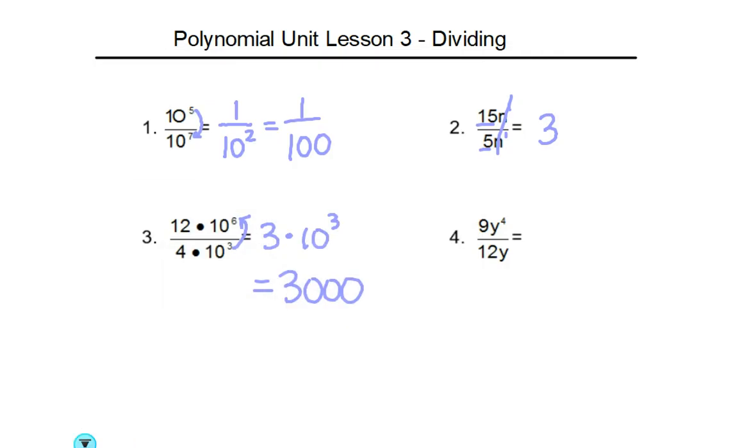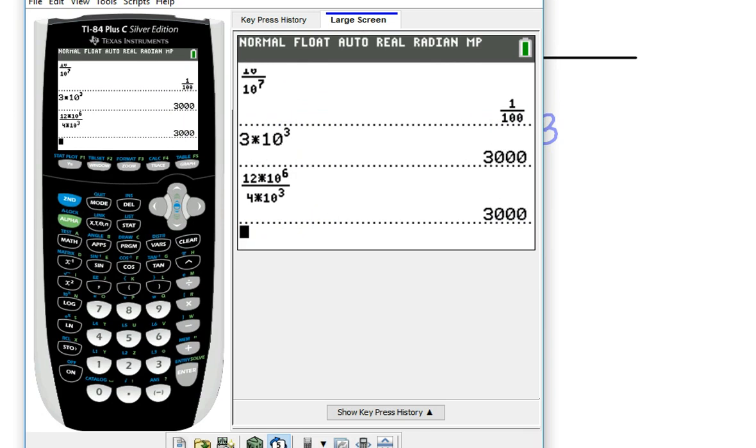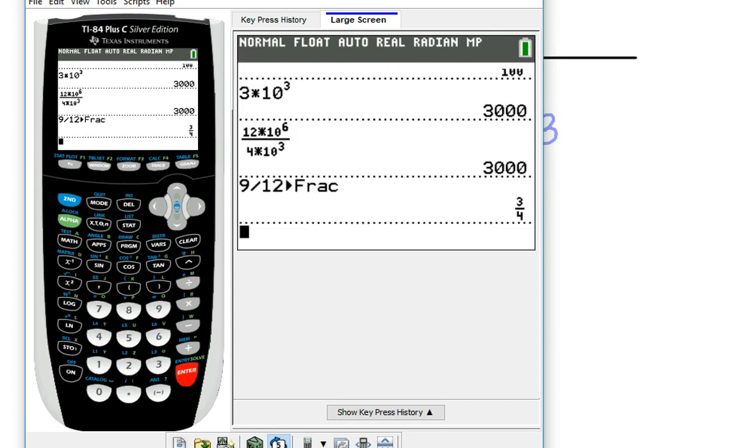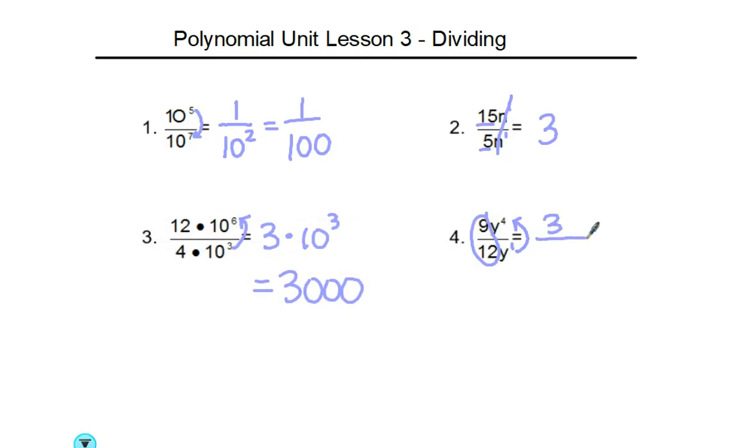Okay, and let's look over here. Again, this is to the first power. So I would subtract my exponents up to the top, but I still have to handle this 9 over 12 like a regular number. If you're unsure, 9 divided by 12, math, enter, enter to keep it as a fraction, and that simplifies to 3 over 4. So I have 3 over 4, and I'm going to subtract my y's up to the top because we're top heavy.